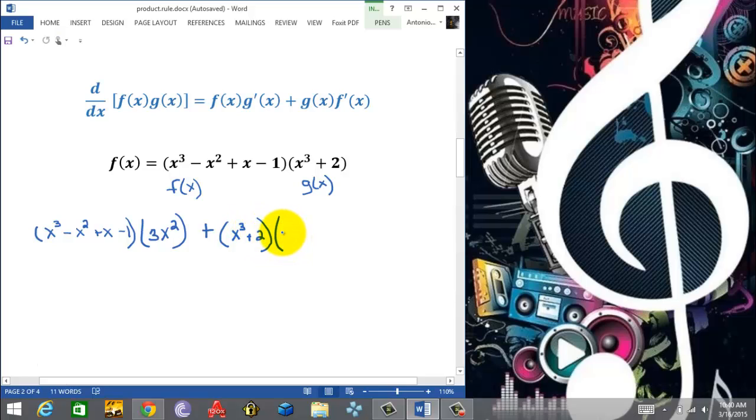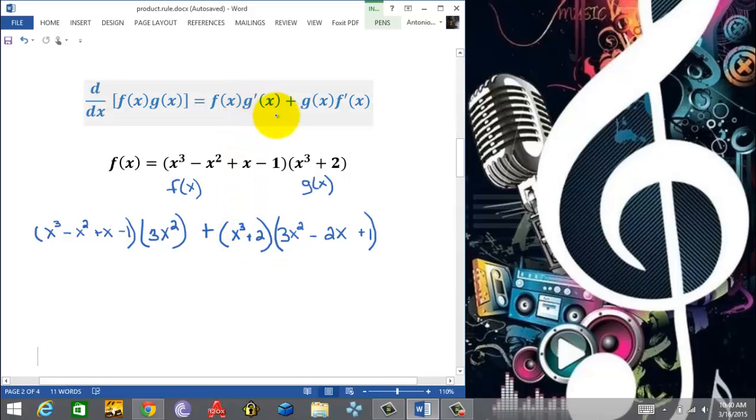Okay, so x to the third becomes 3x squared, and that's going to be minus 2x plus 1. Alright, so most of the work is done here.